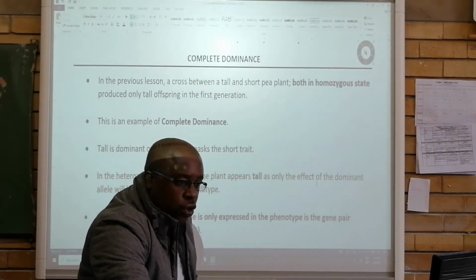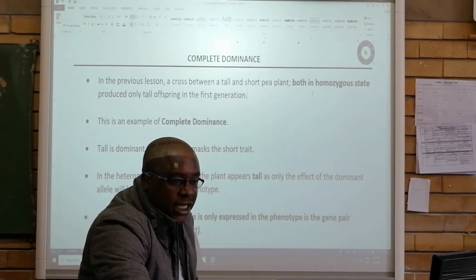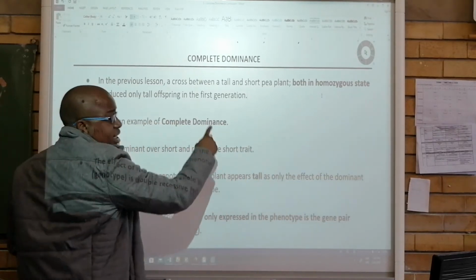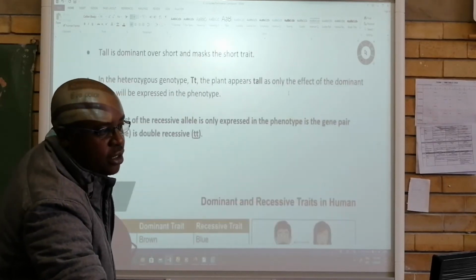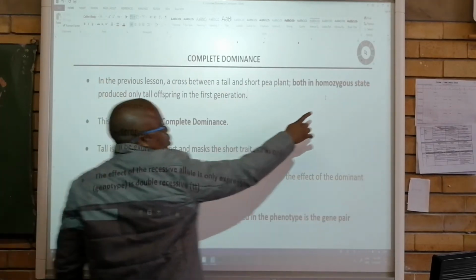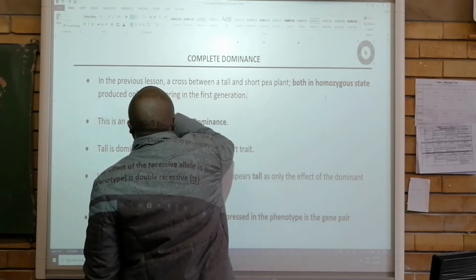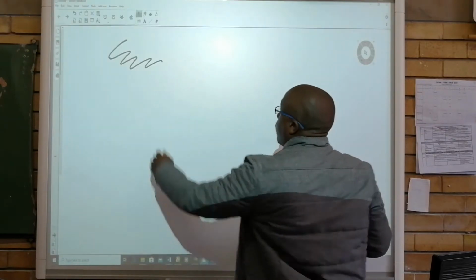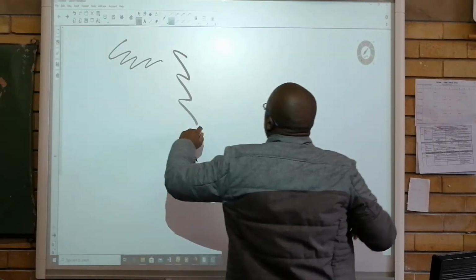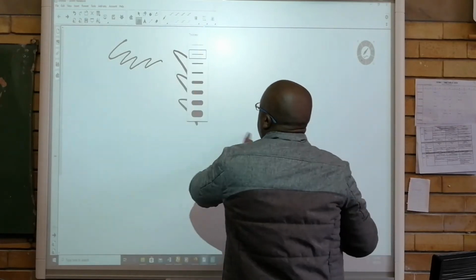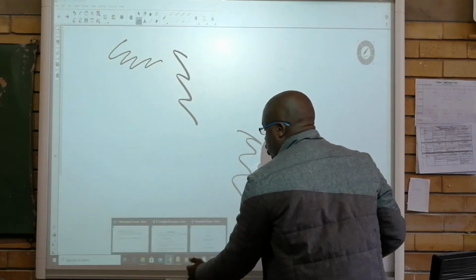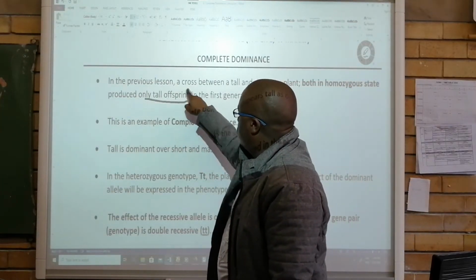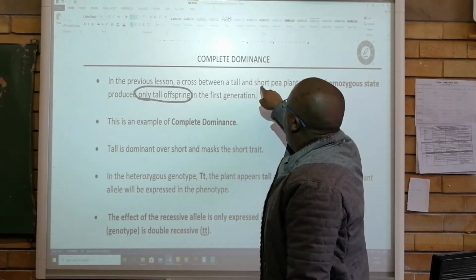A cross between a tall and a short pea plant, both in homozygous state, produced only tall offspring in the first generation. If it produced only tall offspring, what happened to the short?